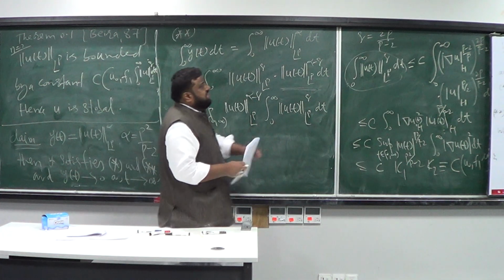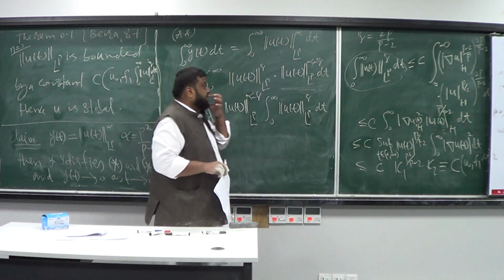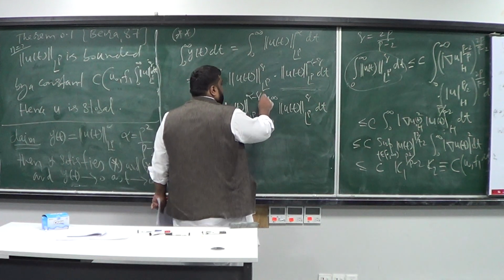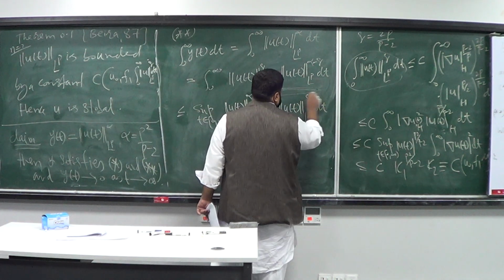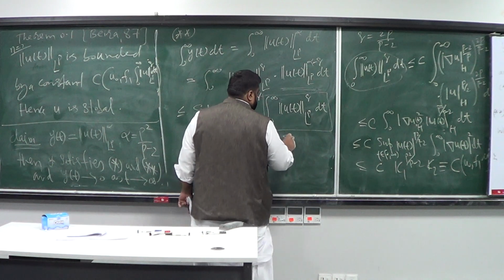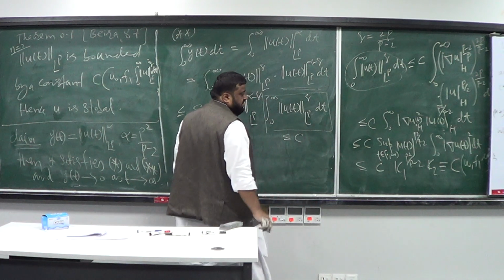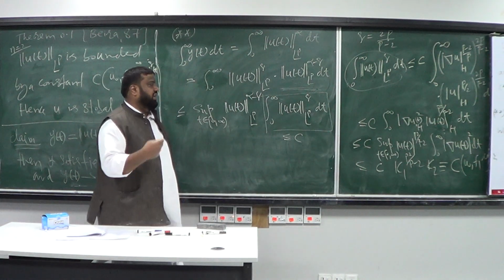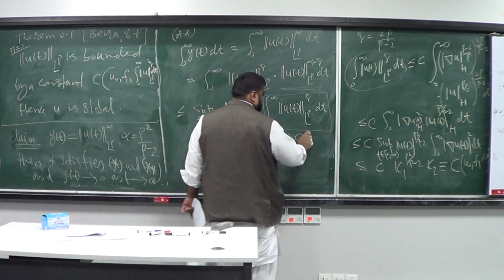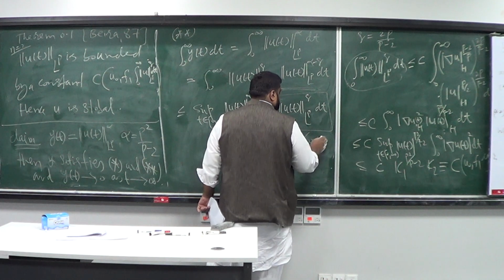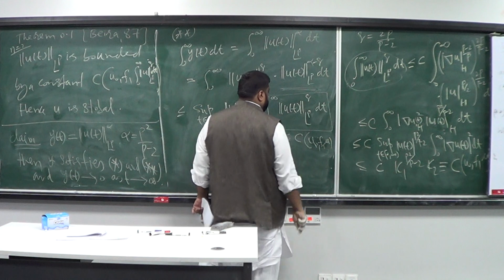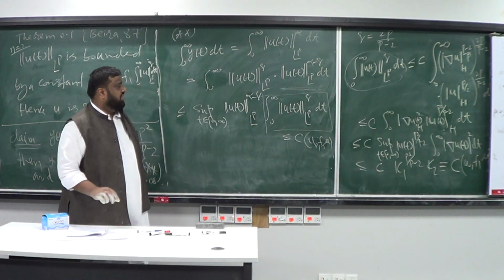We have to keep in view that q is 2p by p minus 2. Now for this, I know that this is less than or equal to a constant C that depends on u naught, f and mu.